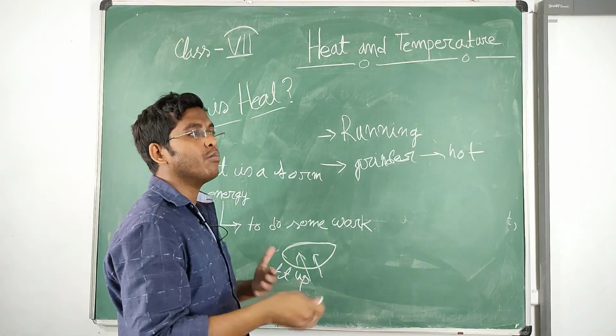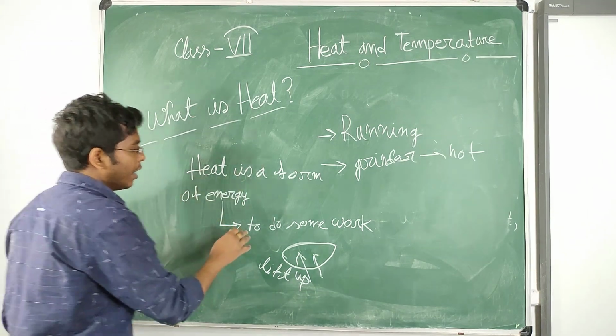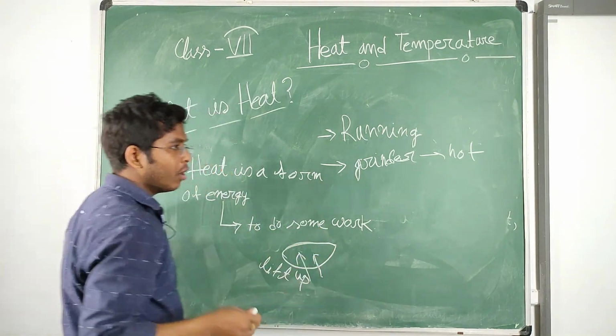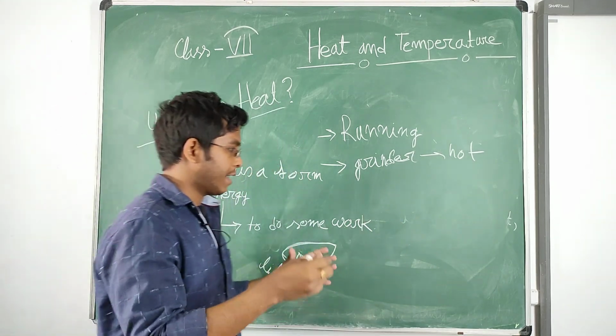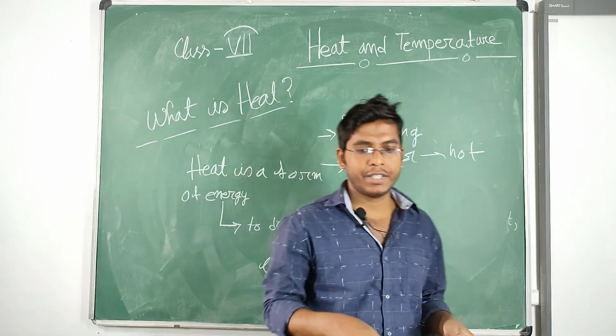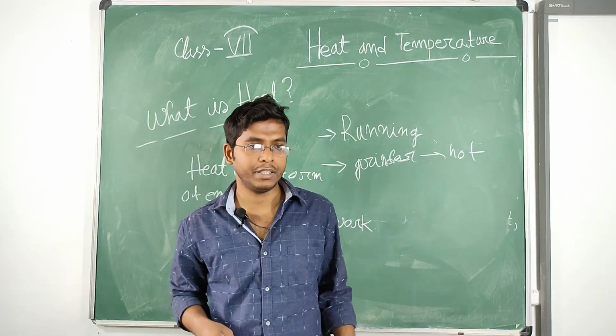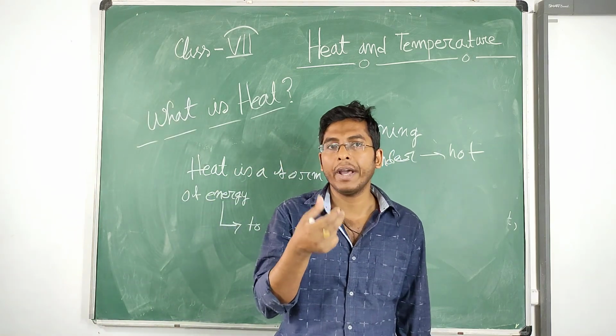So you are doing some work. So at first I told you it is a form of energy and can do some work. Okay, I give you another example. Suppose you take a block of wood and burn it, and you stand beside it. After some time you feel your leg become hot. Why?